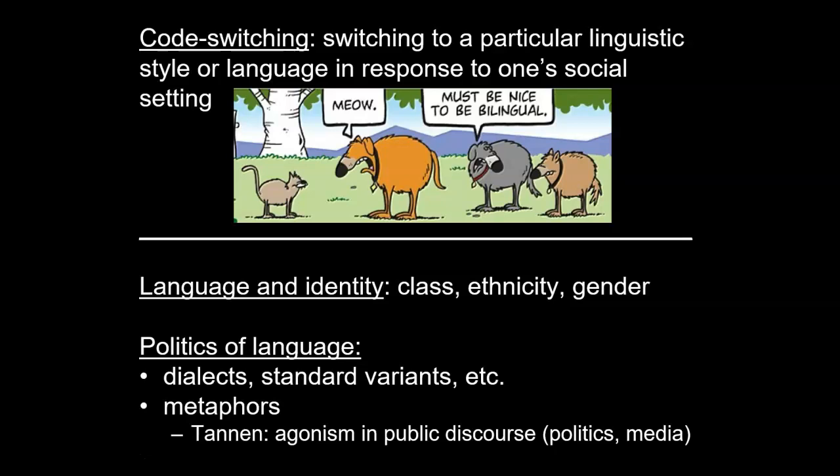In the piece that you read, she's looking at something that I think is very timely. We've seen a lot of recent public discourse that I think goes to this issue that she's raising, which is what she refers to as agonism.